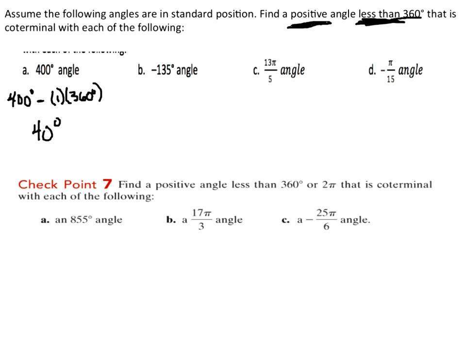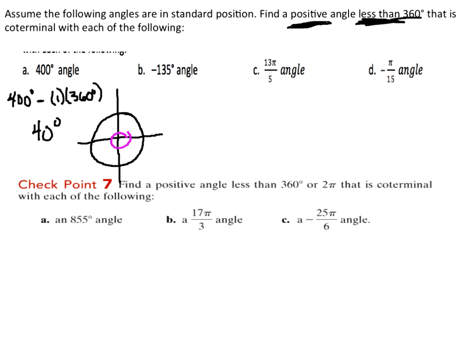And if we looked at that in a circle, I'll just draw my axes here. The 400 degree angle is 360, and then 40 more, about right there.